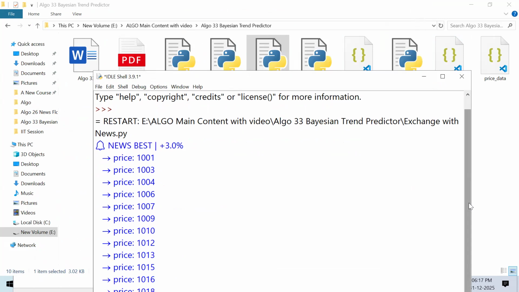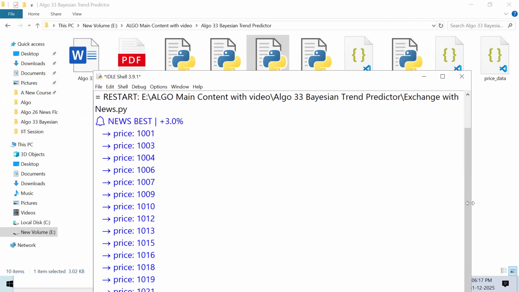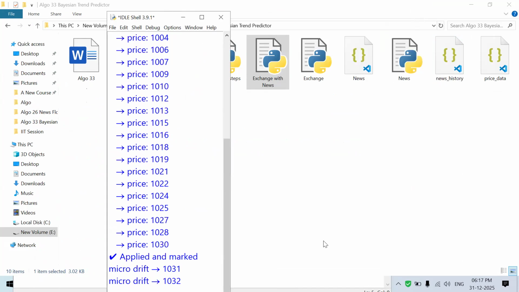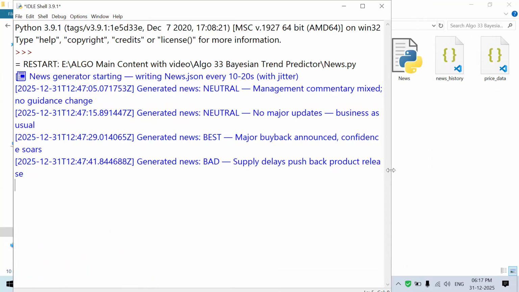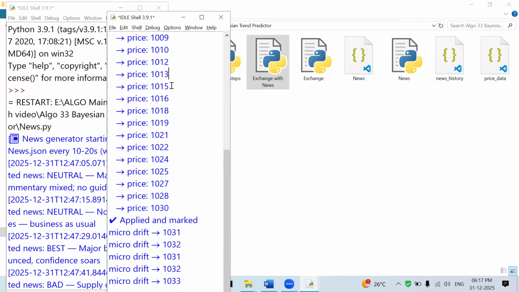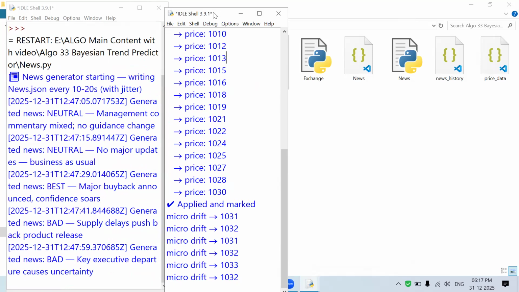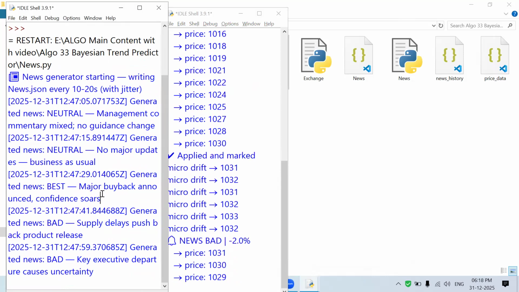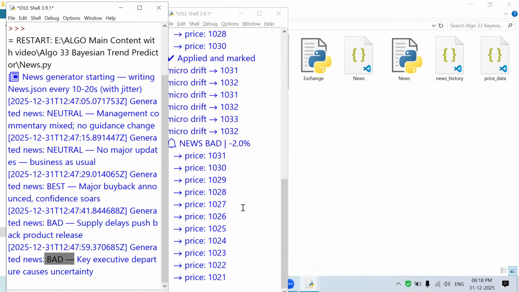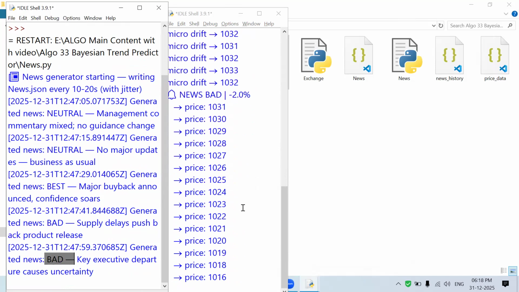It takes some time to adjust the windows so that we can see all of them together. Now we have the news and we have the price. You can see the bad news has come and the price is moving down. The good news has come and the price is moving up. That's how it works.